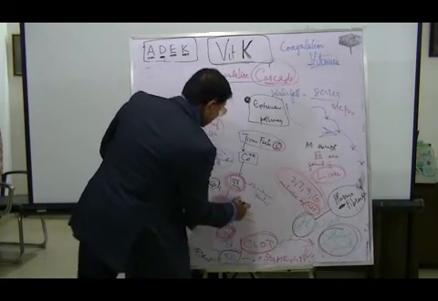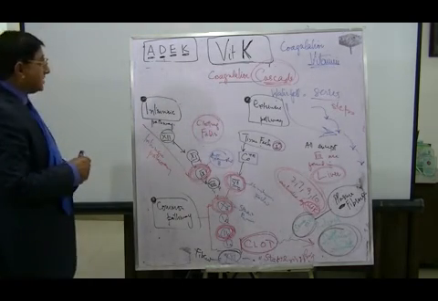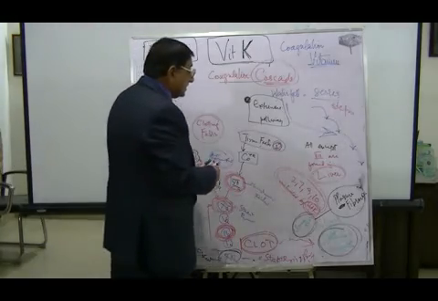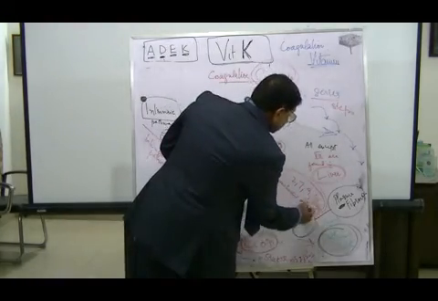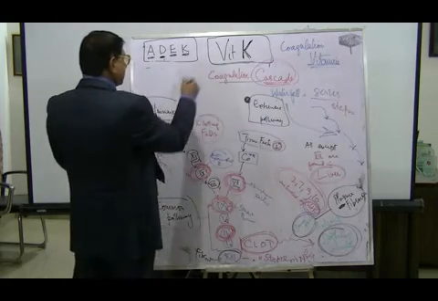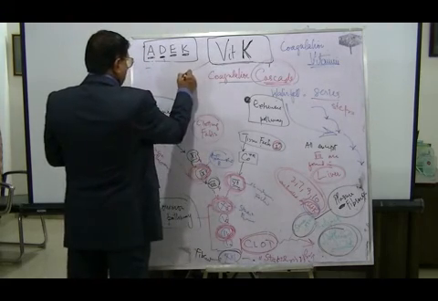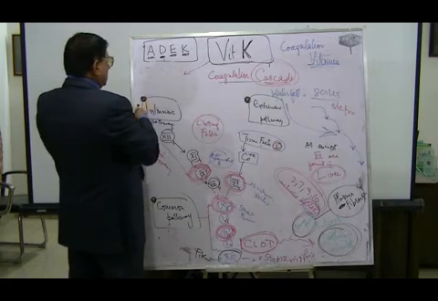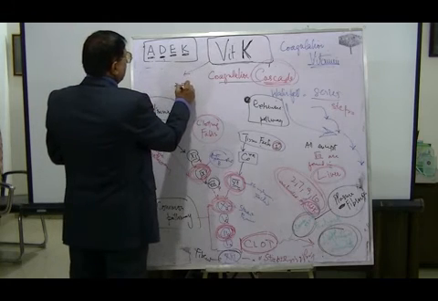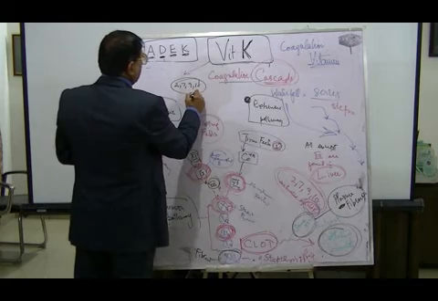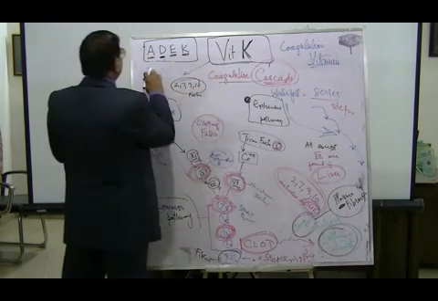So all these, 2, 7, 9 and 10, are activated by vitamin K. So vitamin K has the importance that it activates the factors. Which factors? It activates factors 2, 7, 9 and 10. How would it activate them?